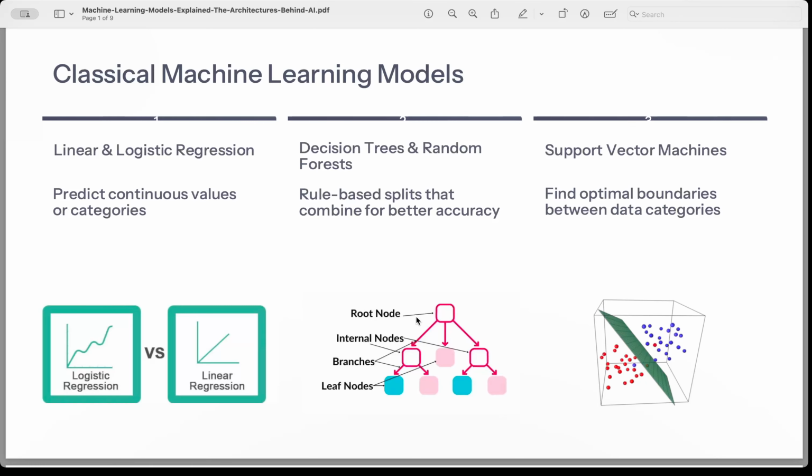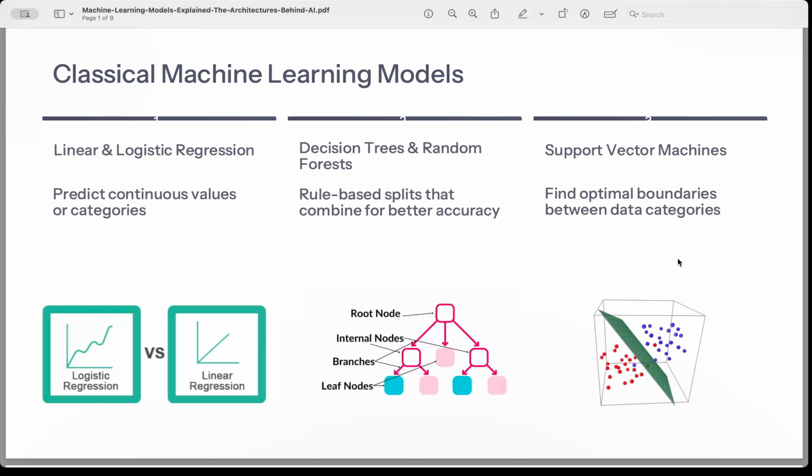Think of it like a flowchart. And random forests combine all of these decision trees together to improve accuracy and stability. So you can think of random forests as the plural of decision trees. A random forest will have multiple decision trees, which will help the model improve its accuracy.